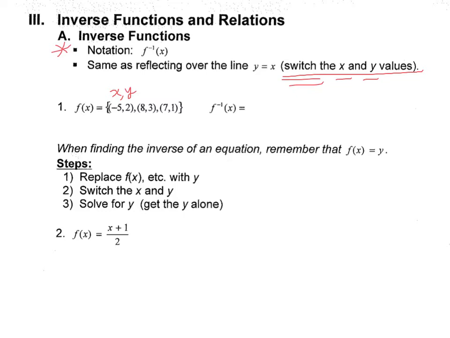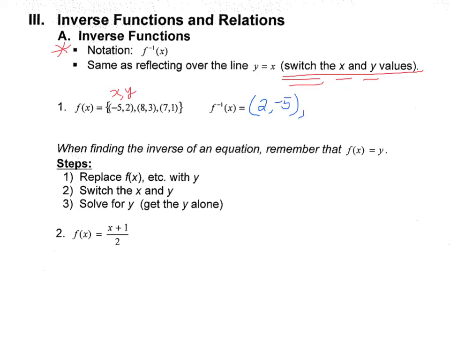Okay, pause the video, copy the heading and number 1, and then come back and we'll finish. All right, now that you have it all copied, let's find the inverse of x. Well, inverse means to switch the x and the y. So if my first point is negative 5, 2, its inverse is going to be 2, negative 5.